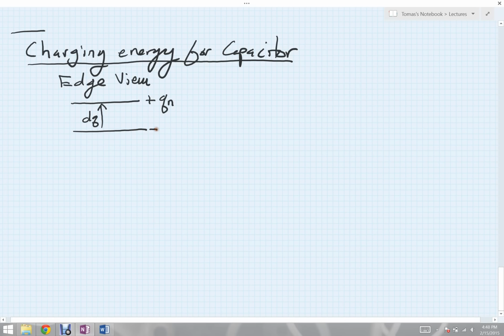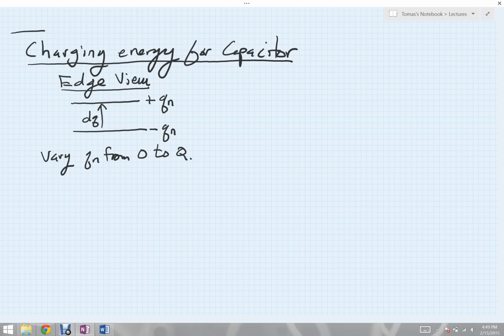So there will be a charge minus Q sub n on the bottom plate. My goal then is to vary this Q sub n from 0 all the way up to capital Q when I have a fully charged capacitor. So that is how I'm going to compute the energy that we're putting into this charging energy.